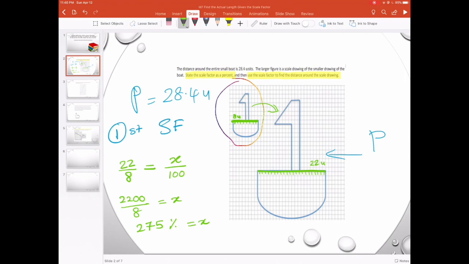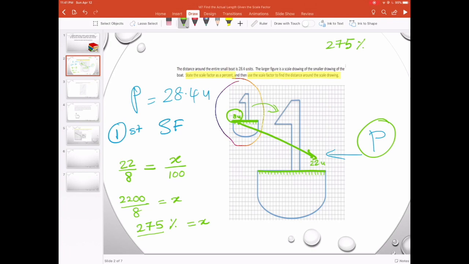As you can see, 275 is more than 100, so it's definitely an enlargement, as you also see from the picture. All right, so I know 275% is the enlargement. Now I have to figure out how I can use this to find the actual perimeter for the enlarged figure. If my figure was multiplied by 275%, that's how I got 8 to 22.